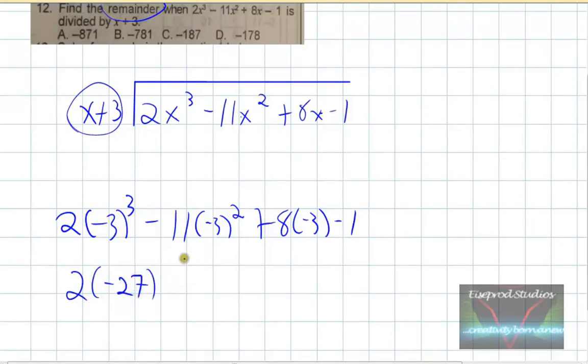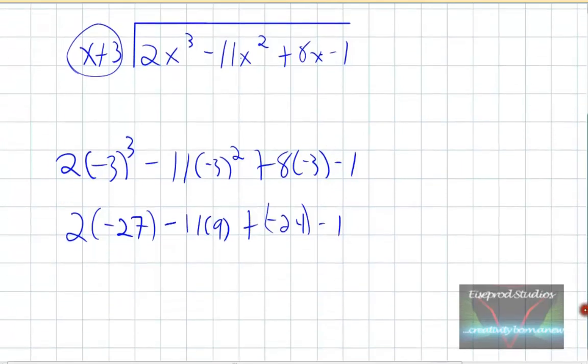This will be minus 11 times positive 9 plus negative 24 minus 1. So now we have, this will be negative 54 minus 99. This will be minus 24 and then minus 1.